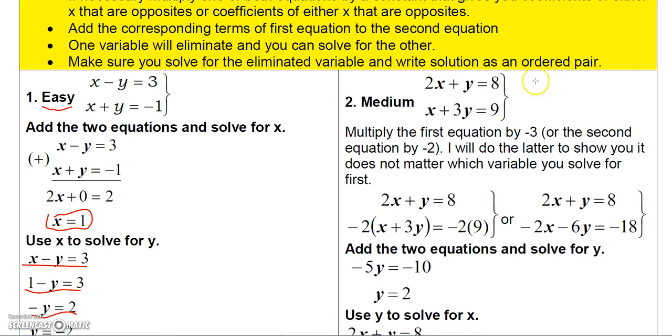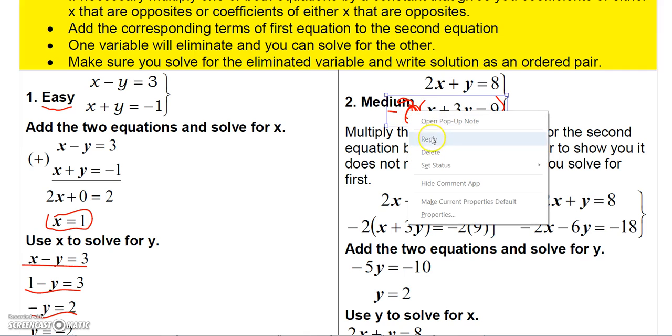Now on this next one, you remember I solved this one earlier using the graphing method and the substitution method, but if I want to solve this by the elimination method, I'm either going to have to multiply the first equation by a constant or the second equation by a constant. Now, if I want to eliminate the x's, I can simply take this equation and multiply everything in it by negative 2, because that would give me a 2x and a negative 2x, so that when I add them together, they would cancel.